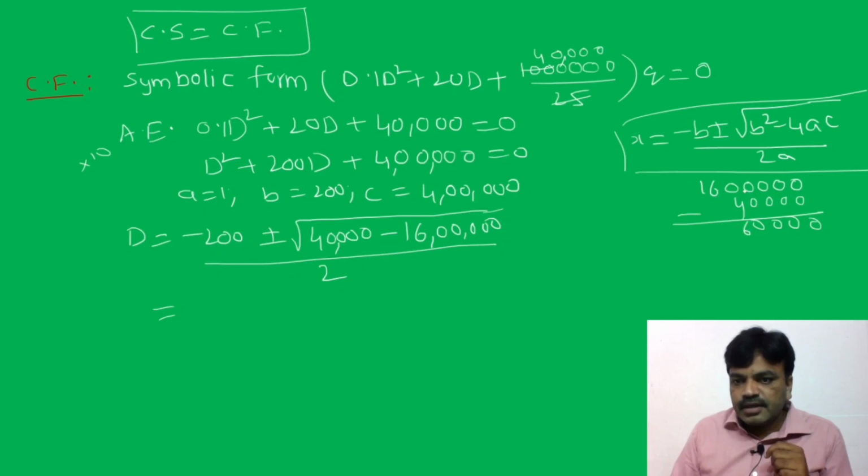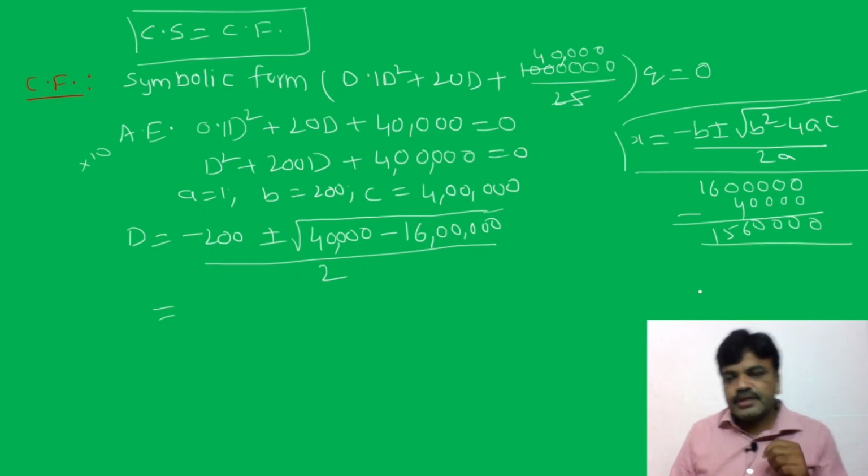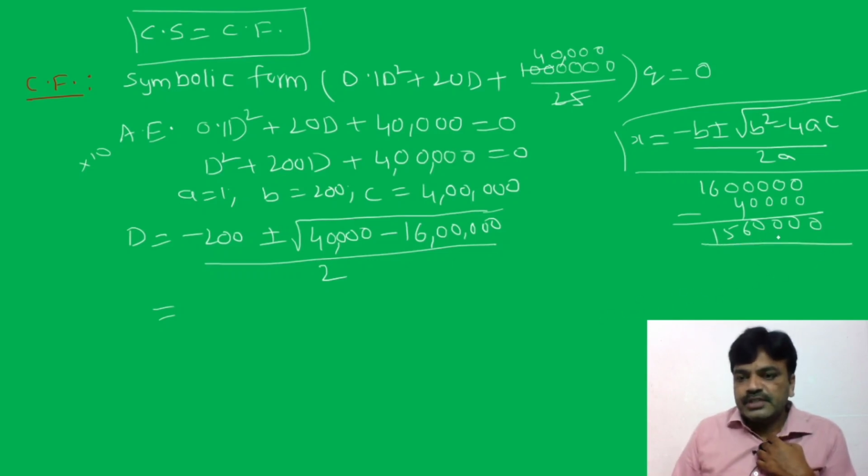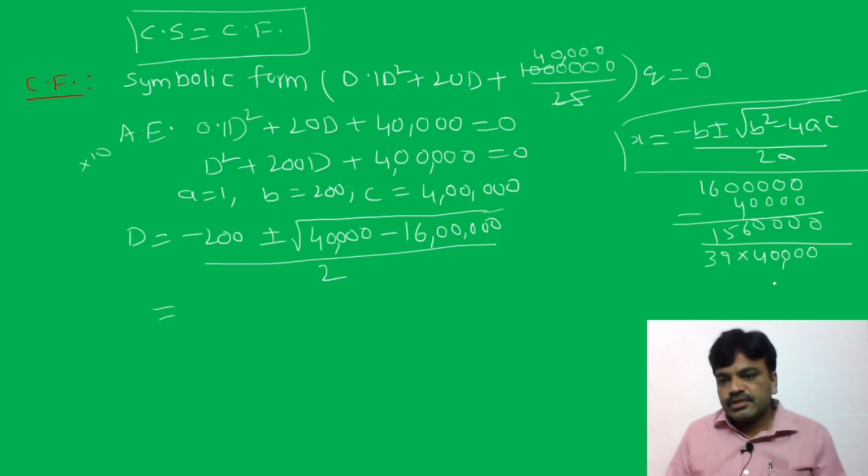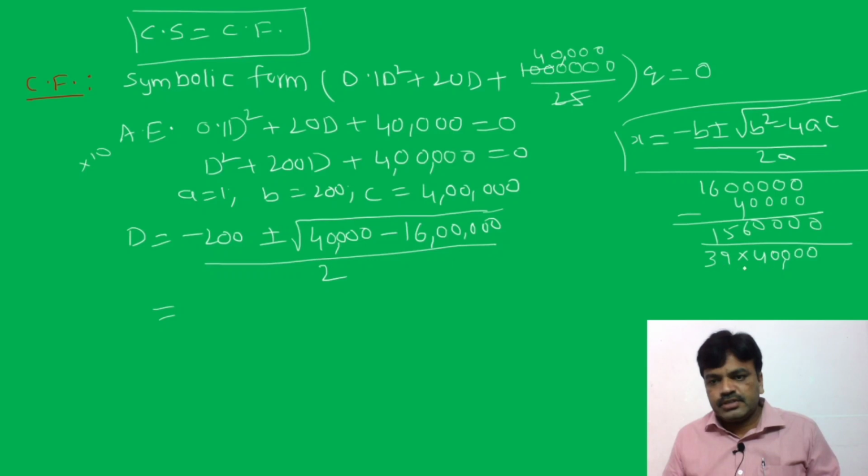We get 15 lakhs 60,000. So it can be written as 39 into 40,000. Let me check once again. 39 into 40,000, then I get 15 lakhs 60,000. Okay, 1564 with 4 zeros, friends.